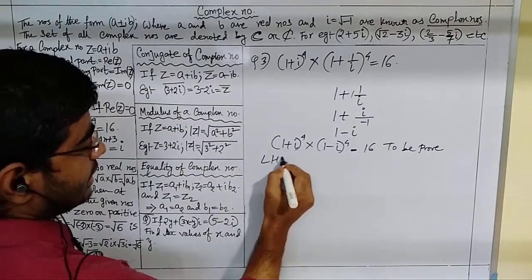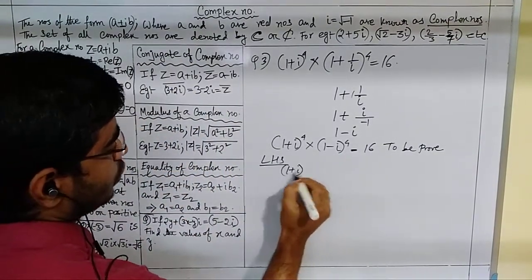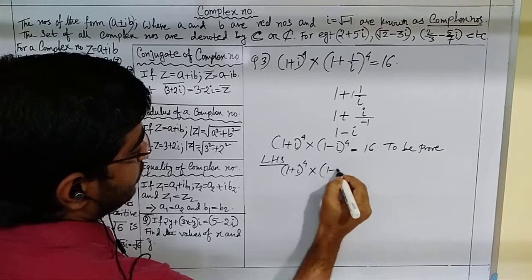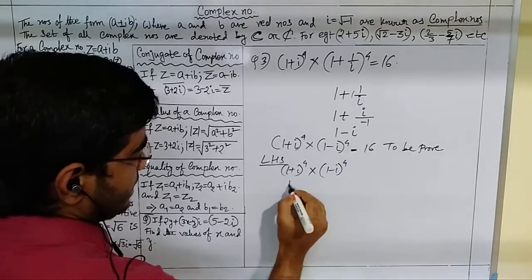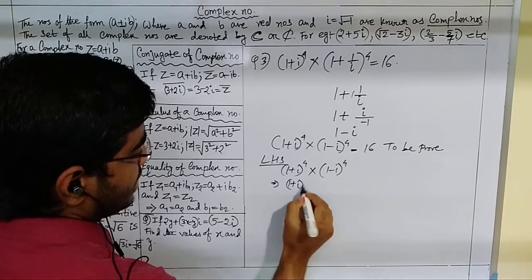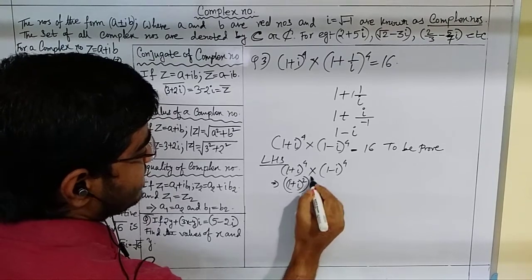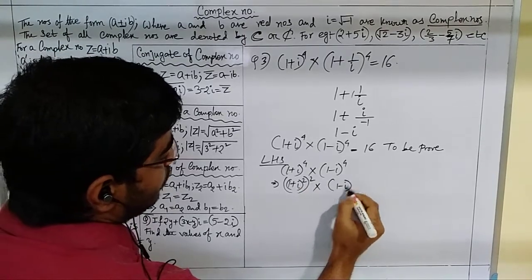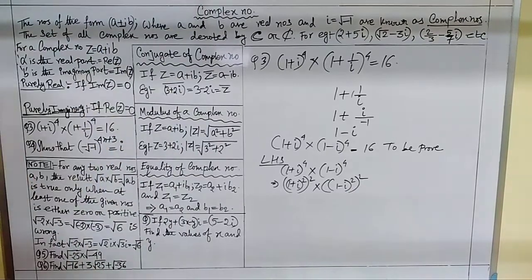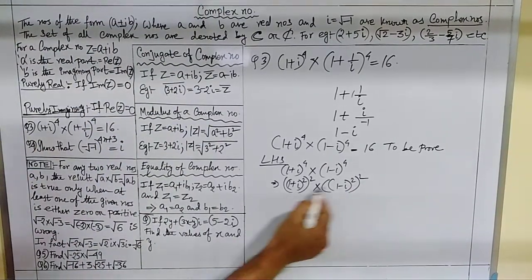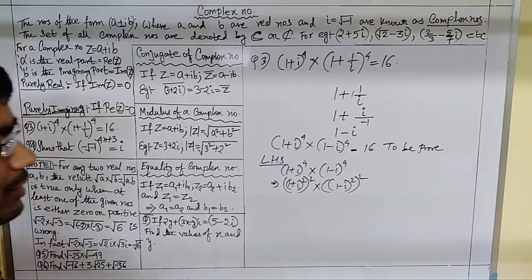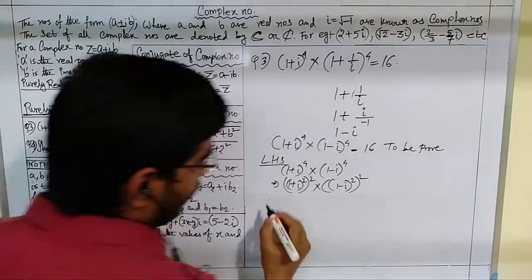So taking the left hand side, 1 plus i whole to the power 4 into 1 minus i whole to the power 4 can be written as 1 plus i whole square, then its square, again 1 minus i whole square, then again its square. It is from exponential laws which we have already known in our smaller classes.